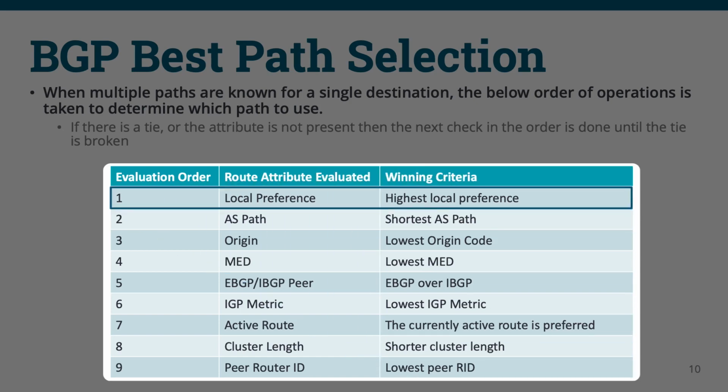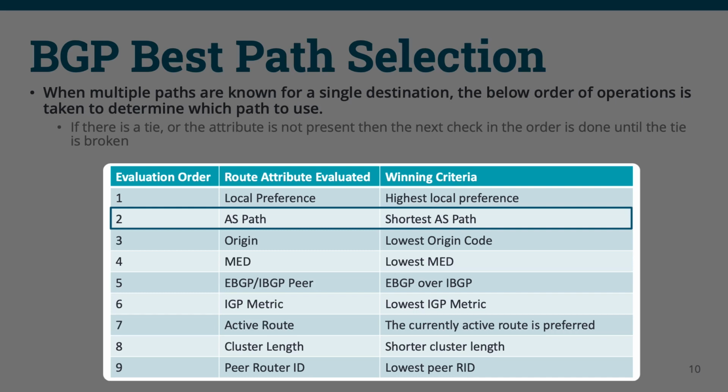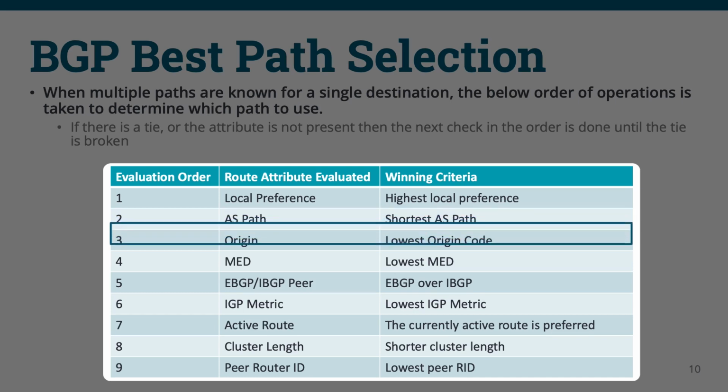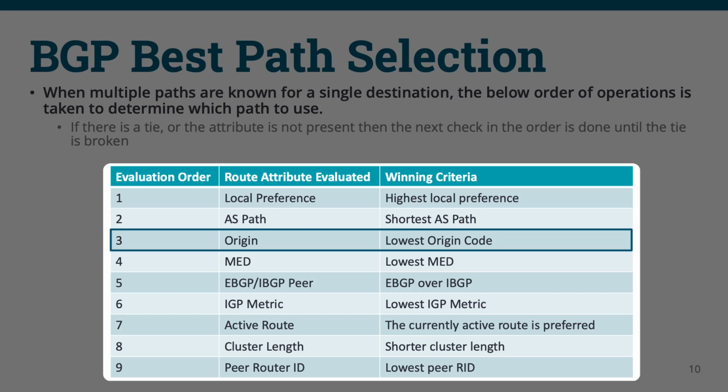By default, the local preference of each route will be the same, so typically route selection will fall to the AS path. If the AS path is of identical length, then the lowest origin code will win. This means routes learned by an IGP will be preferred.